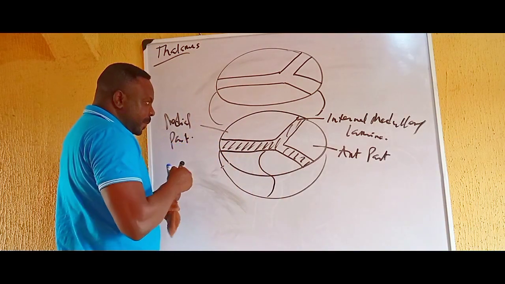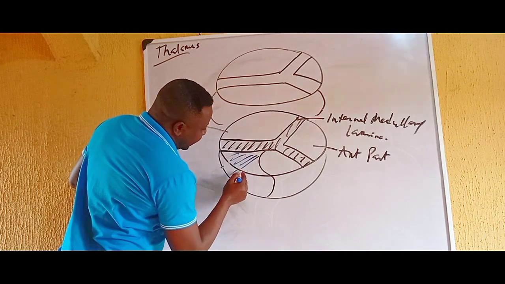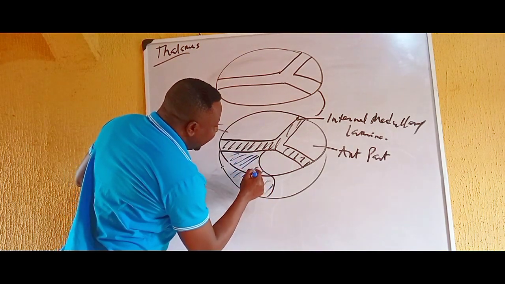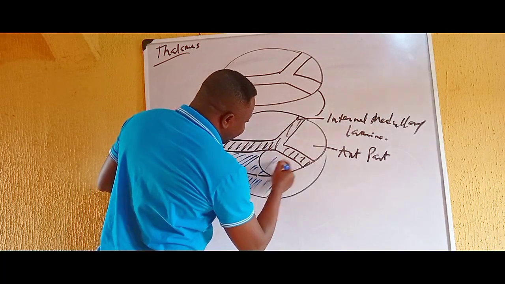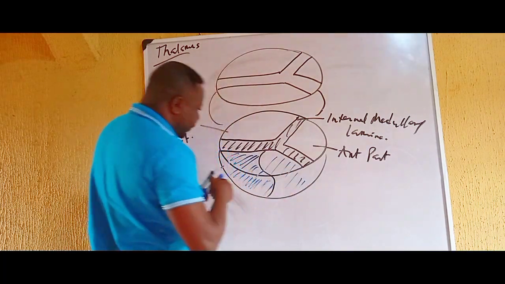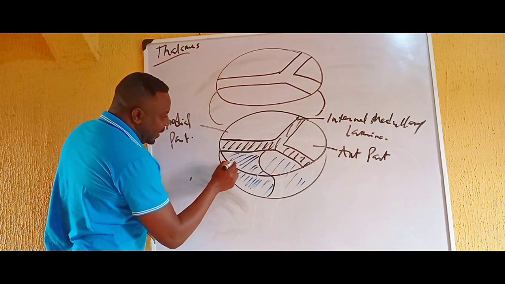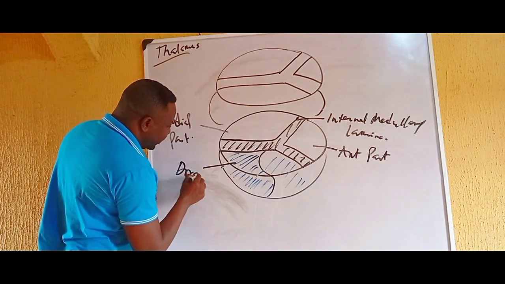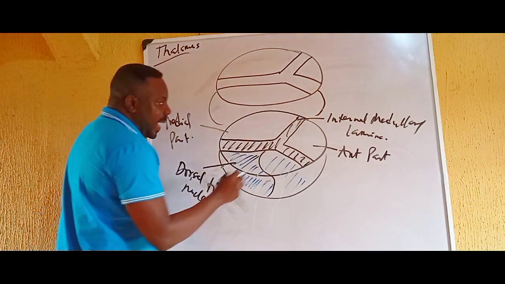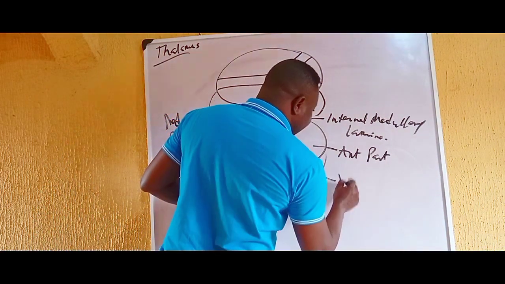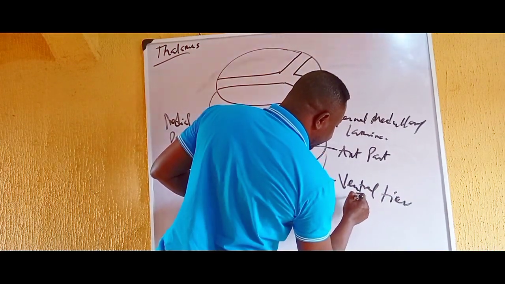We have the dorsal tier nuclei, and then we have the ventral tier nuclei.